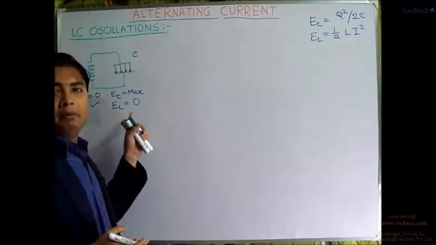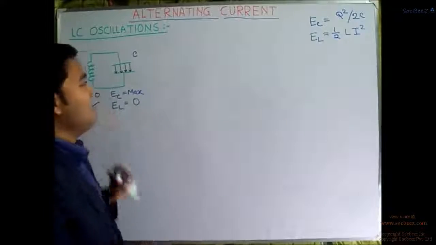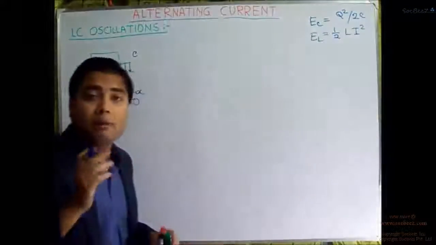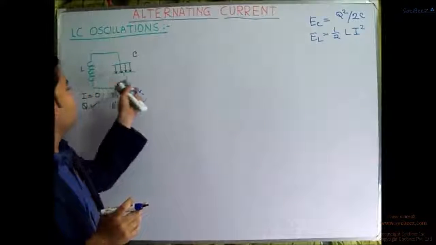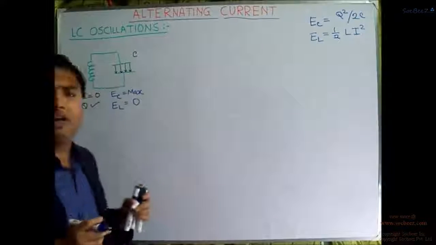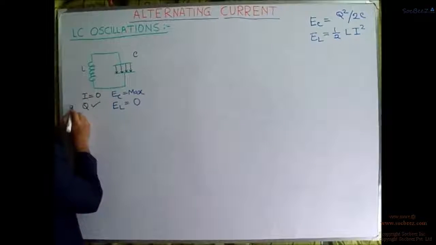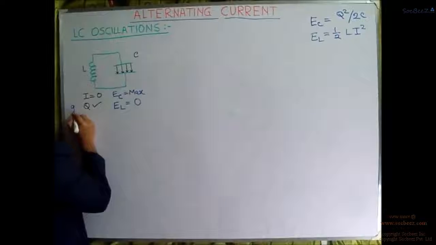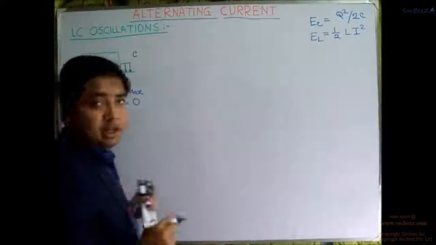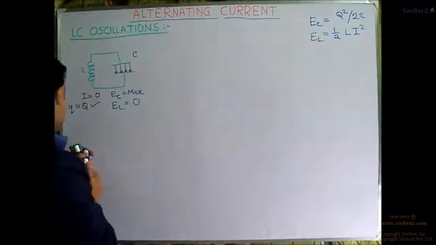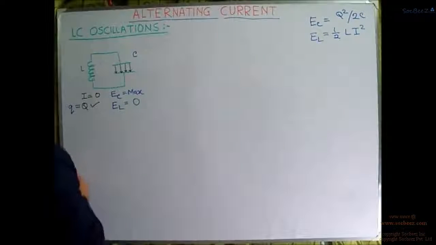Or it will be the minimum. And the EC over here will be Q square divided by 2C, because the total amount of charge present over here will be capital Q, right? This is the first scenario.